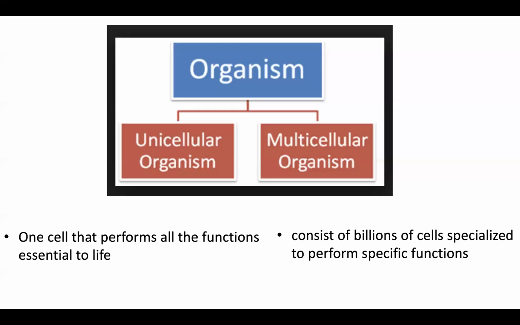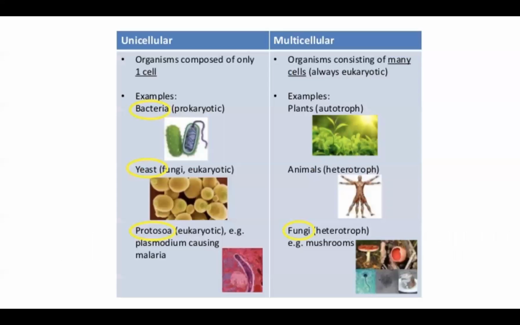So multicellular organisms are all going to be eukaryotes, and they're all going to have this complex arrangement of membrane-bound organelles and other structures present that aren't there in unicellular organisms. All right, so I'd like you to be able to identify examples of organisms that fall under either unicellular organisms or multicellular organisms. I think I mentioned it a little bit before.